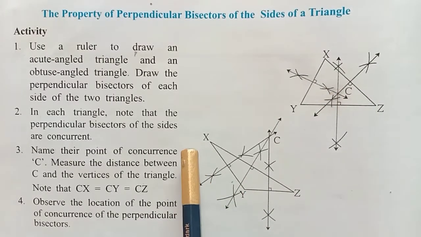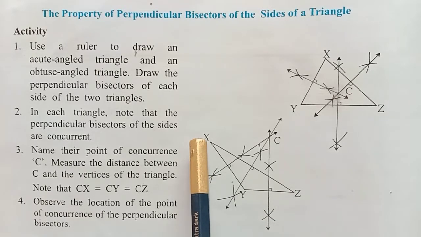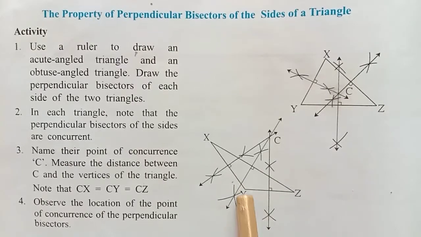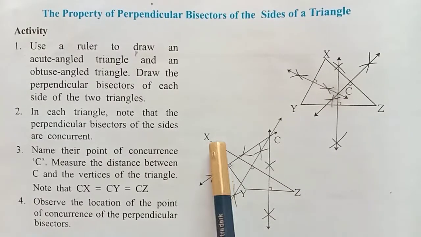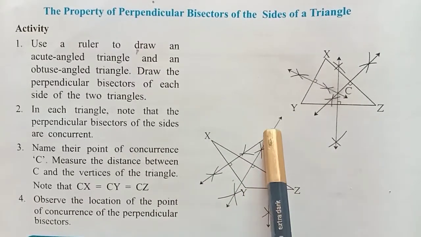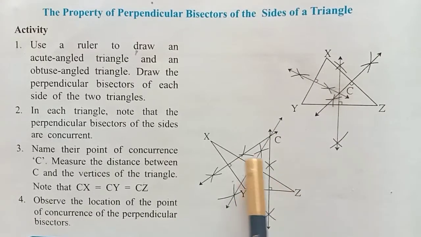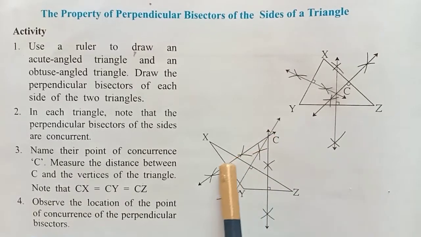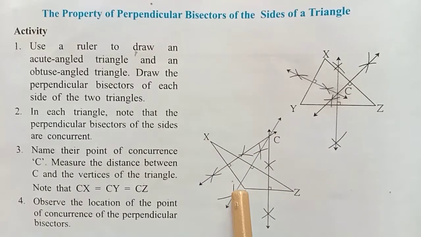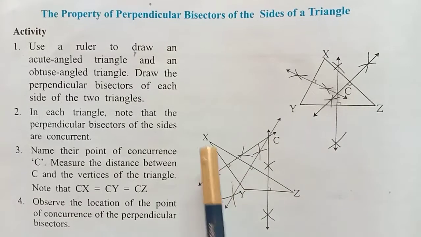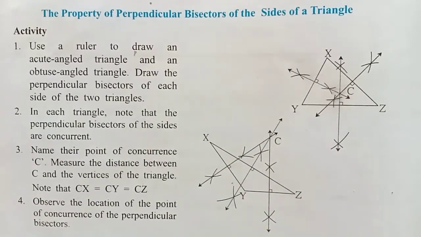In the obtuse angle triangle, we draw perpendicular bisectors on XY, YZ and ZX. This is the perpendicular bisector of ZY, this is the perpendicular bisector of XY and this is the perpendicular bisector of XZ.